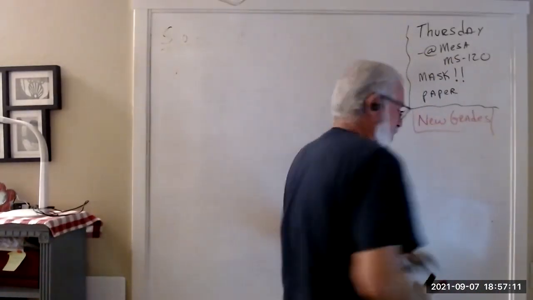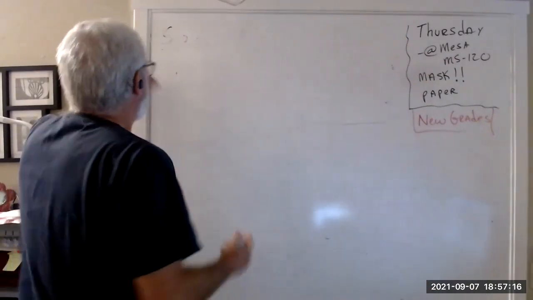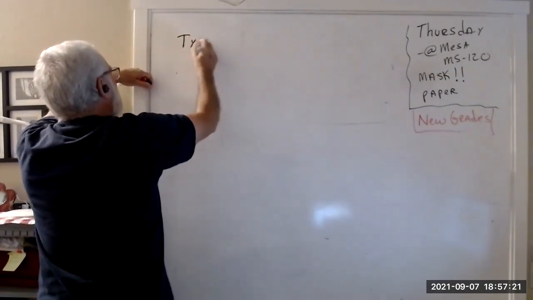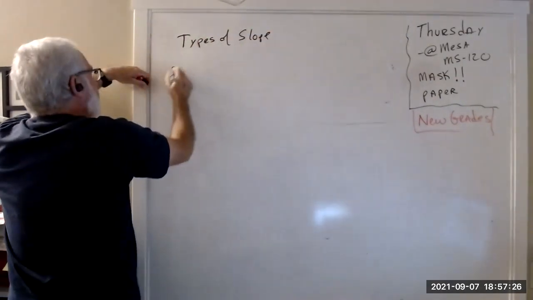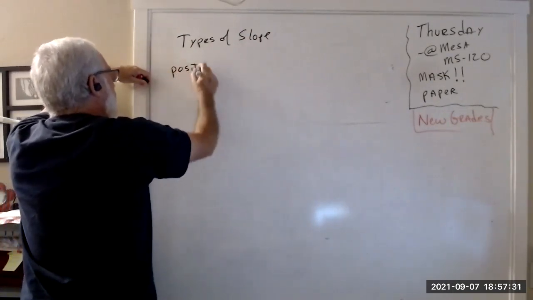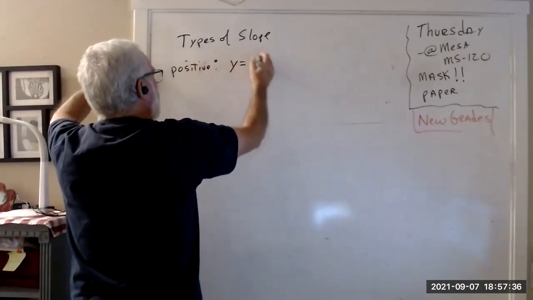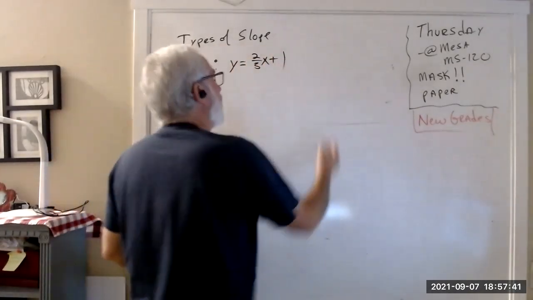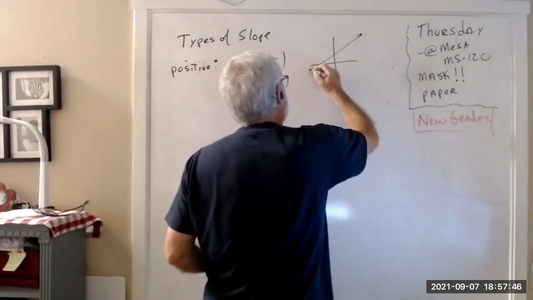Okay. One thing I want to do before I go on to a different review topic is talk about what I'll call the types of slope. We can have positive slope, like y equals 2/3 x plus 1. That's going to be a line that goes something like this.